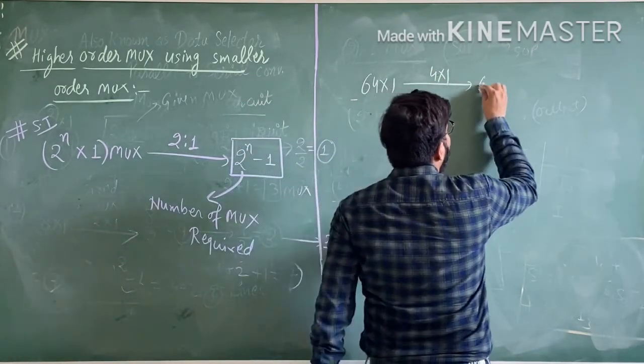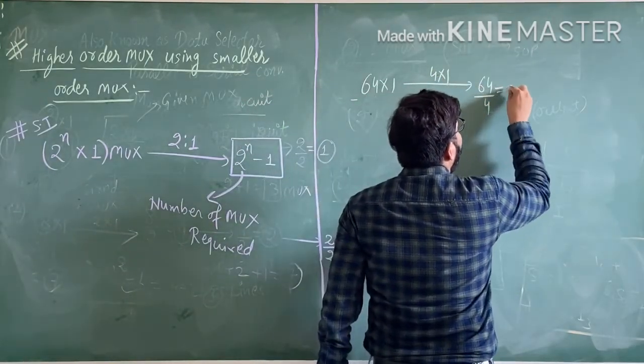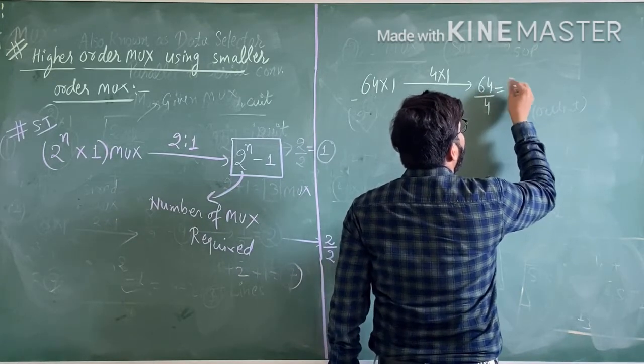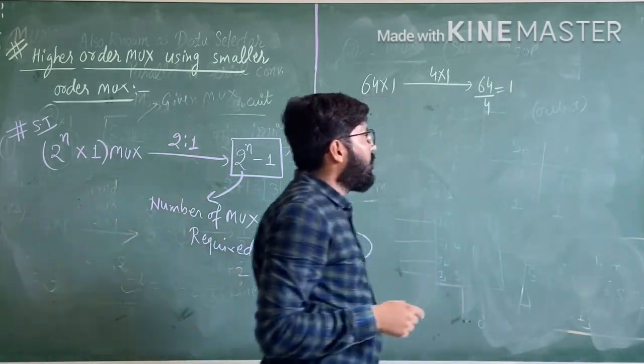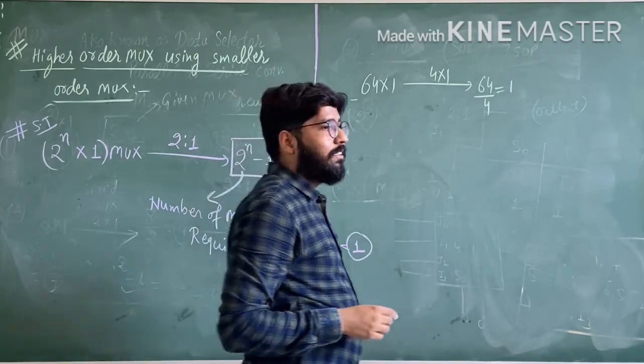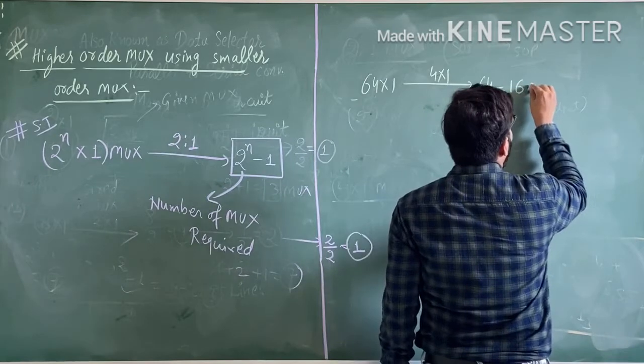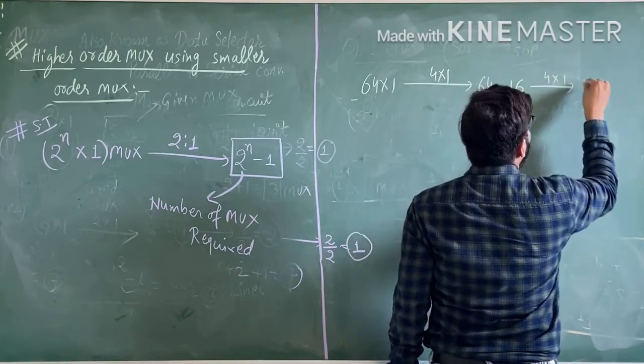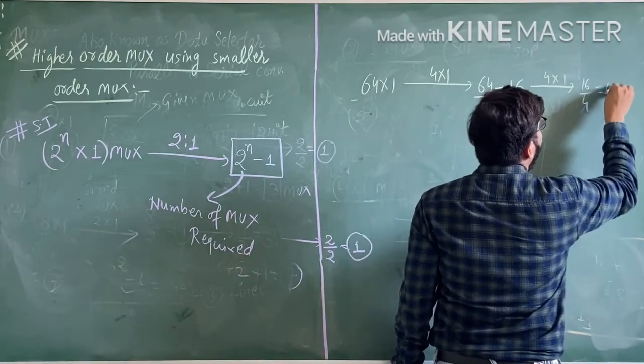You have to divide 64 by 4. What do you get? If we divide 64 by 4, we get 16. Then again we divide 16 by 4 and we get 4.